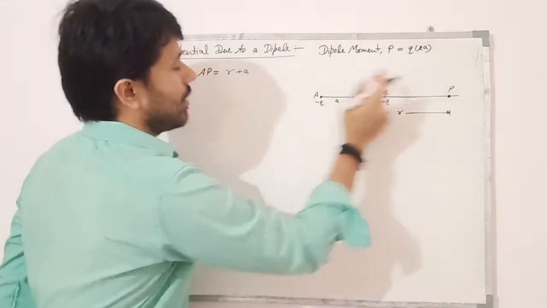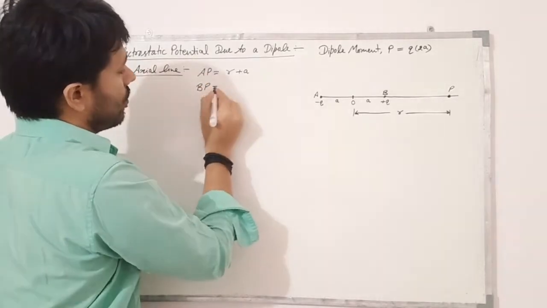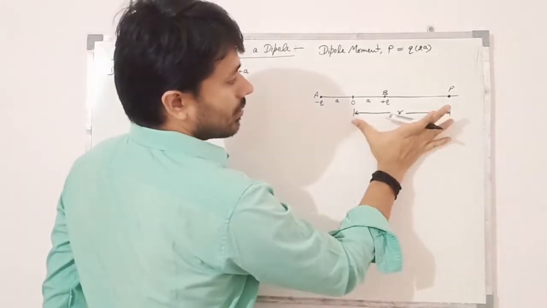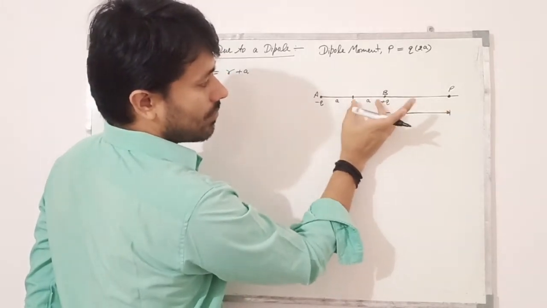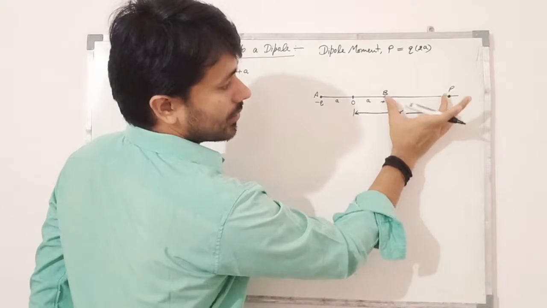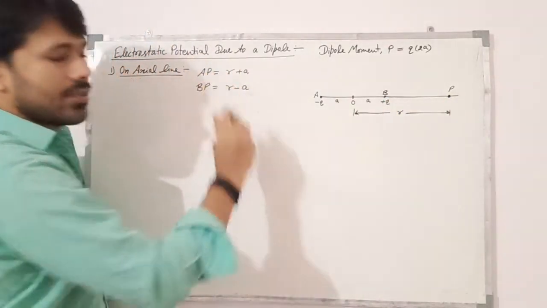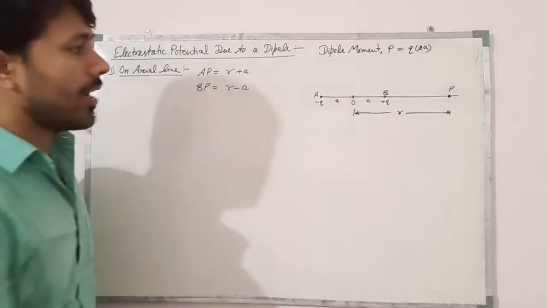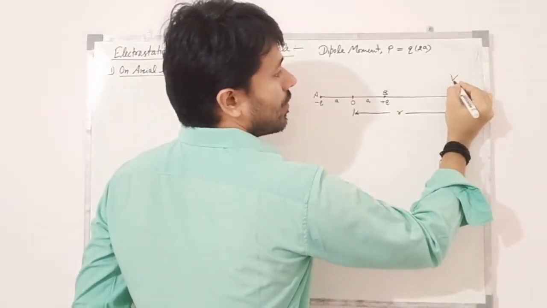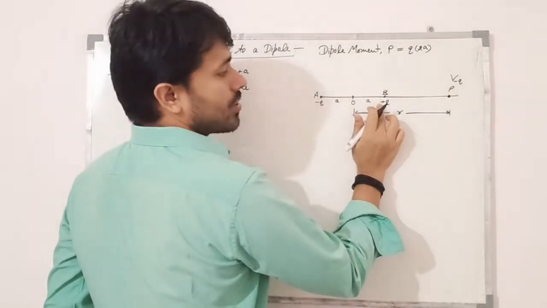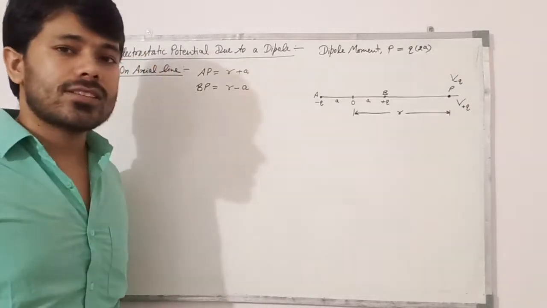And also BP, so what will BP be? This is OP equal to R, this is A, so BP is R minus A. At point P, due to this negative charge, the potential is, let's say, V minus Q, and due to this positive charge, V plus Q. We know that potential is a scalar quantity.